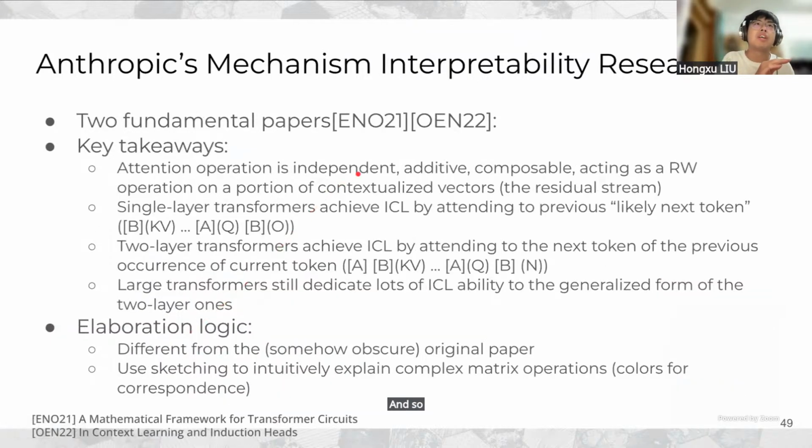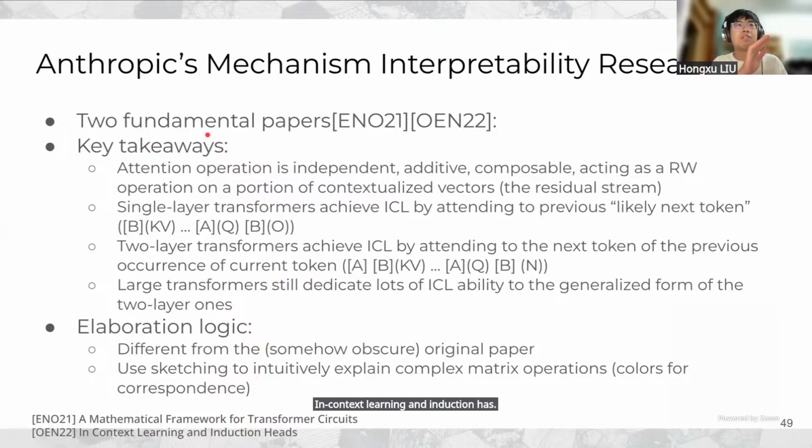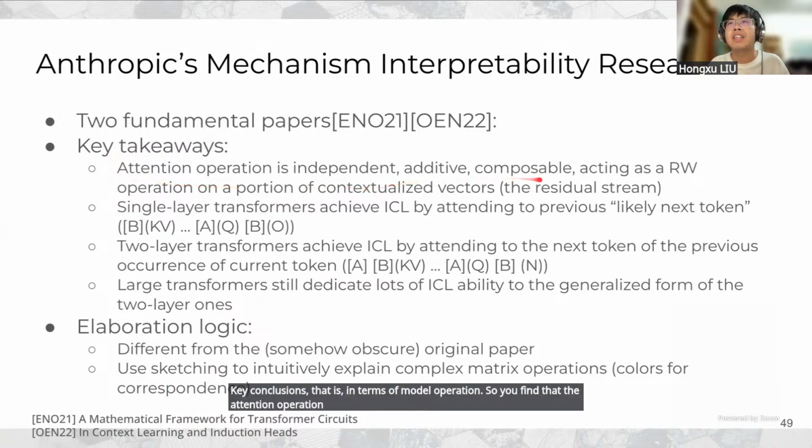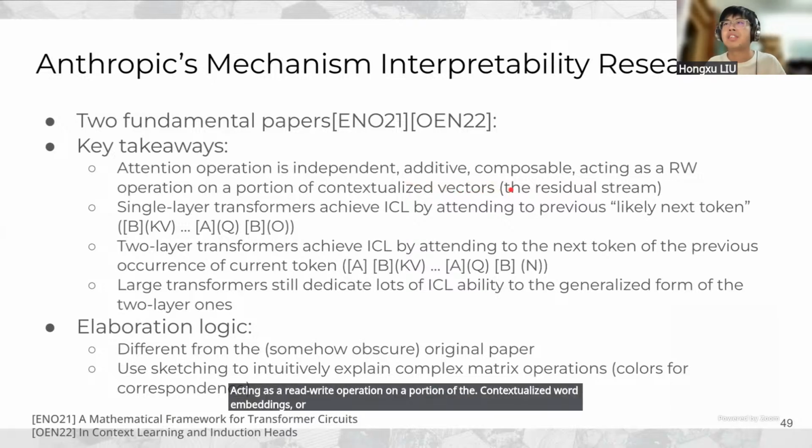I'm going to focus on Anthropic's mechanistic interpretability research. They have two fundamental papers: A Mathematical Framework for Transformer Circuits, and In-context Learning and Induction Heads. First, I'm going to introduce their key conclusions. In terms of model operation, they find that the attention operation is independent, additive and composable, acting as a read-write operation on a portion of the contextualized word embeddings, which they also call the residual stream.